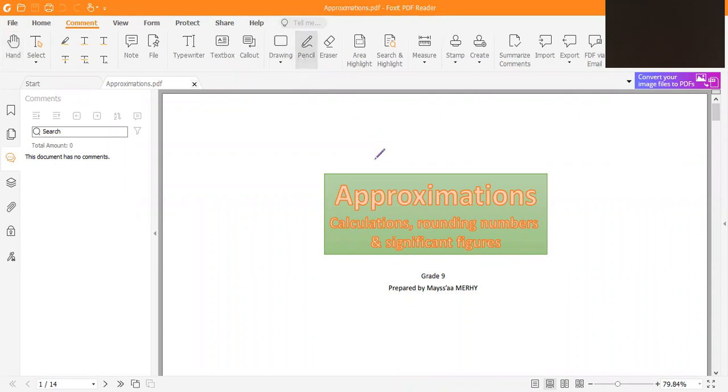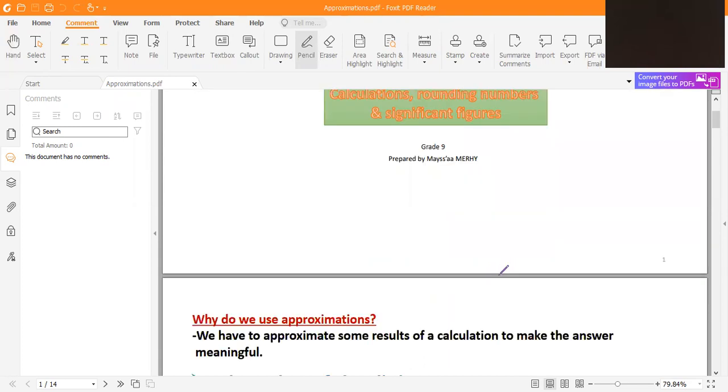Hello. So in the previous session, we explained how to approximate, how to round a given number up to a certain place. The place can be a place in the whole part of this number, or in the decimal part, like decimal places.